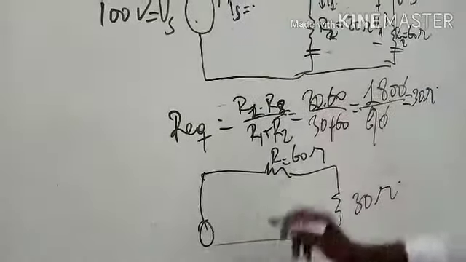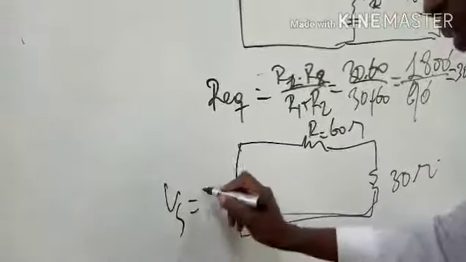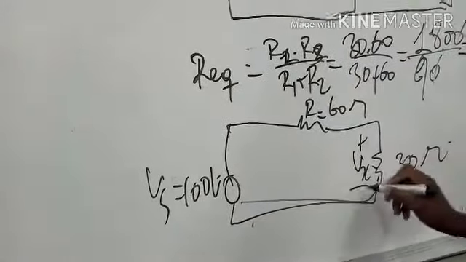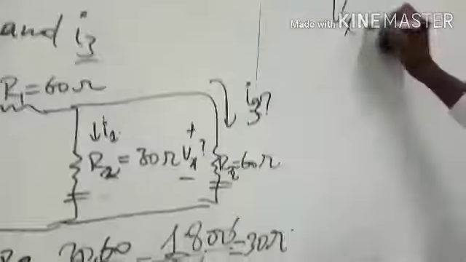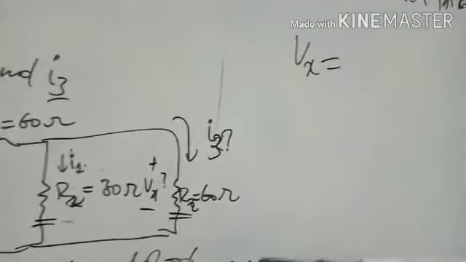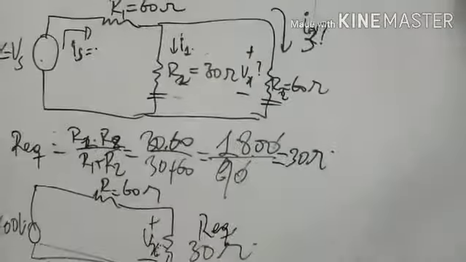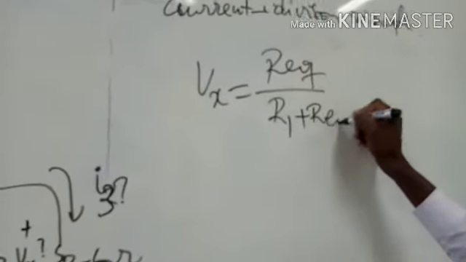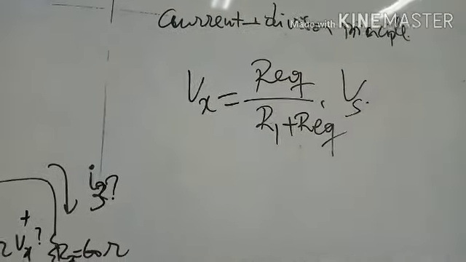Then we are asked to find Vx, given 100 volts. Vx is the voltage applied across this resistance. Vx is equal to R equivalent over R1 plus R equivalent, times the initial voltage, where we start.